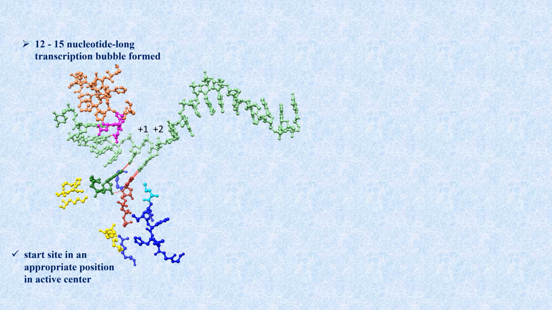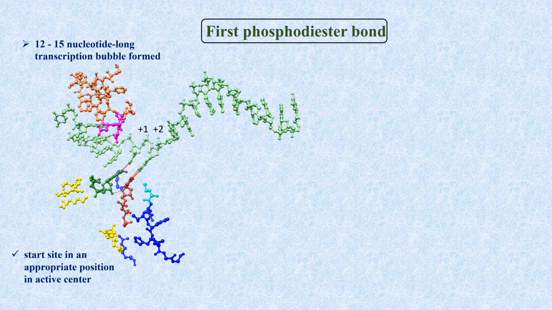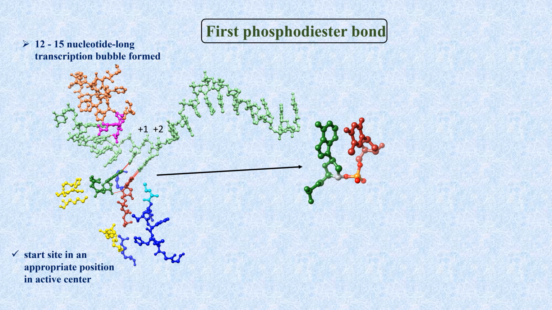the open promoter complex is converted to an initial transcription complex. The first phosphodiester bond is formed between the rNTPs positioned at the +1 and +2 sites, and RNA synthesis begins. There is no requirement for a primer.